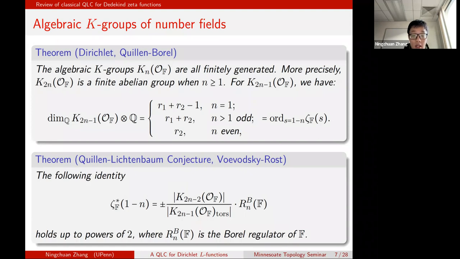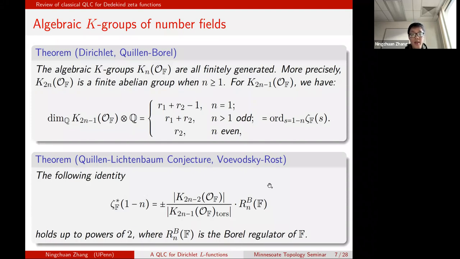And it hints at very deep connections between number theory, between these L-functions, and the theory of algebraic K-theory, or more generally homotopy theory. Because you can see the zeta side is defined purely analytically, whereas the algebraic K-theory side is defined purely algebraically.